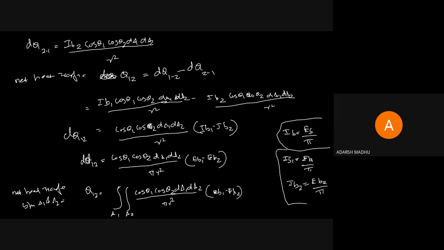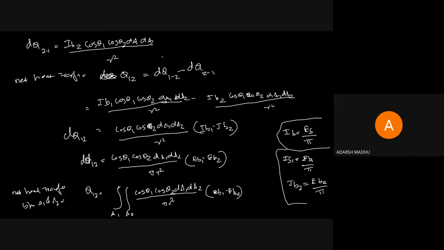And what are EB1 and EB2? EB is the total emissive power, sigma T raised to 4. EB1 is sigma T1 raised to 4, EB2 is sigma T2 raised to 4.